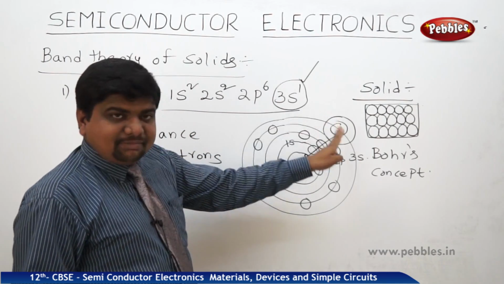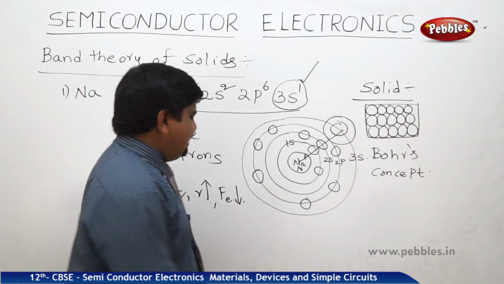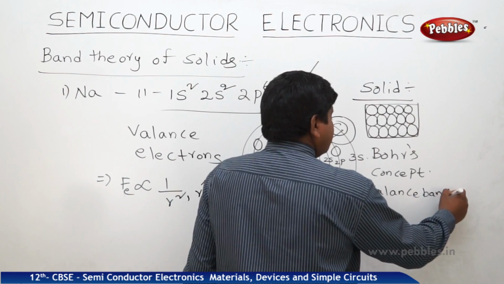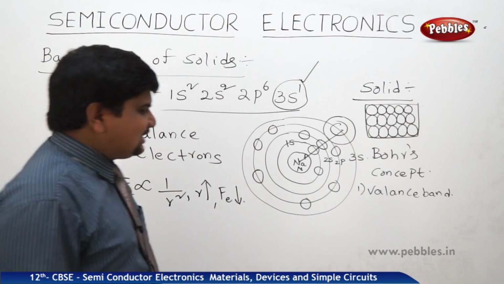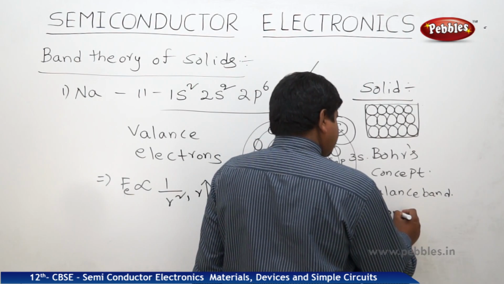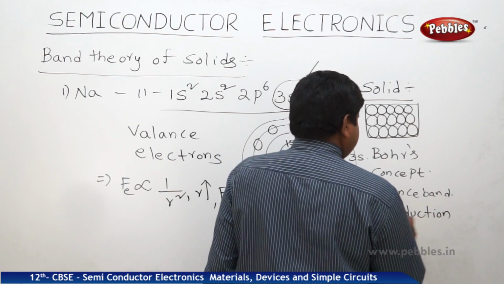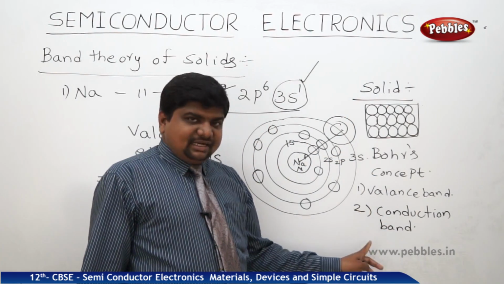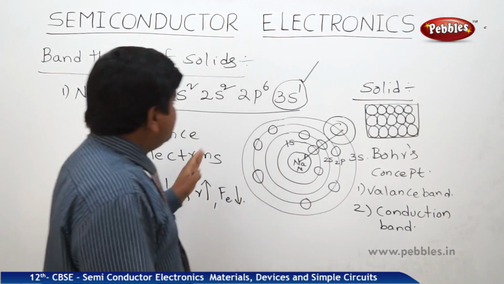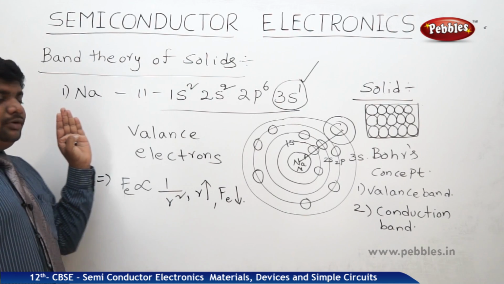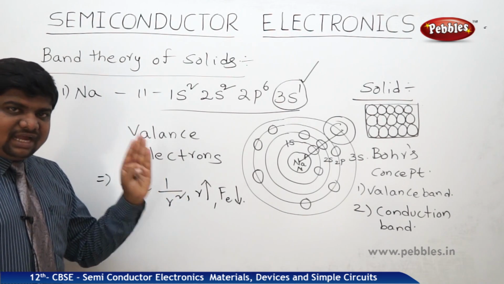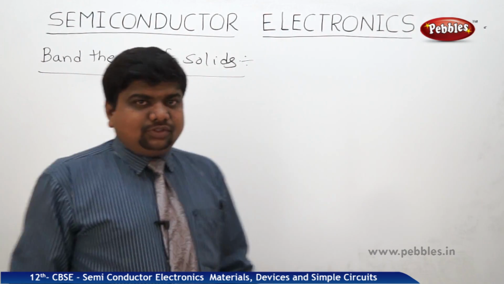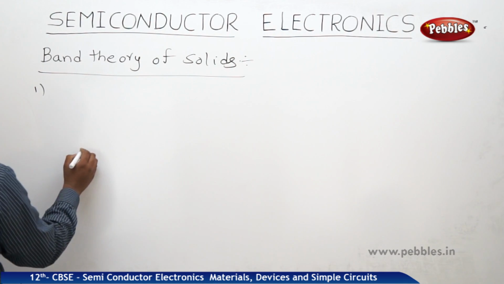Suppose there is an energy band filled with valence electrons, that is said to be the valence band. And there is one more band, said to be the conduction band. The gap between the valence band and conduction band also plays the key role in dividing solid materials into conductors, semiconductors and insulators. Now we will see the schematic diagrams of this gap.